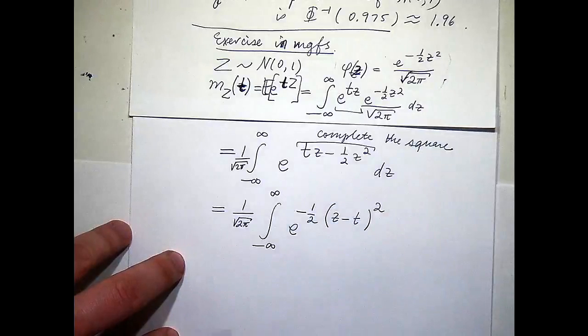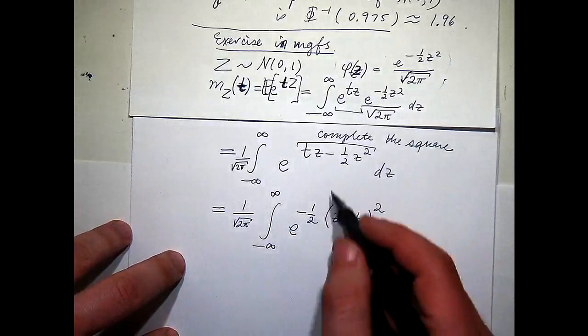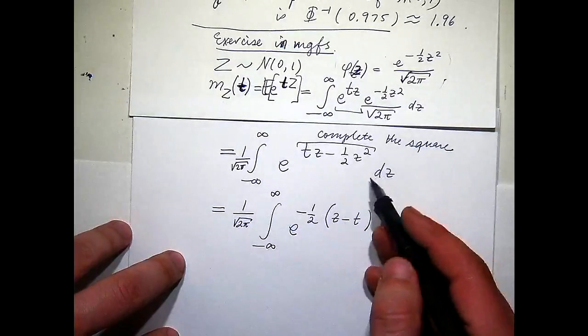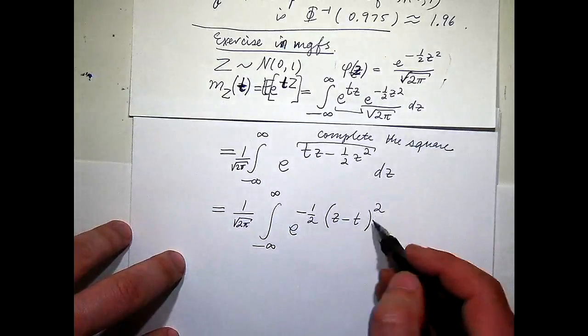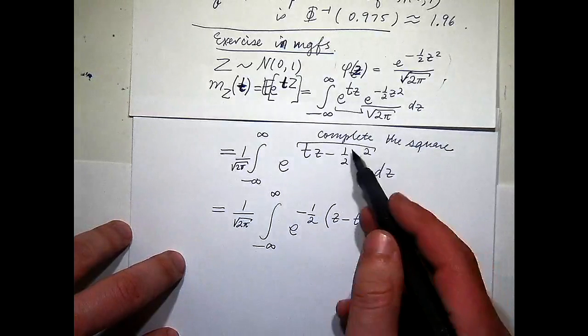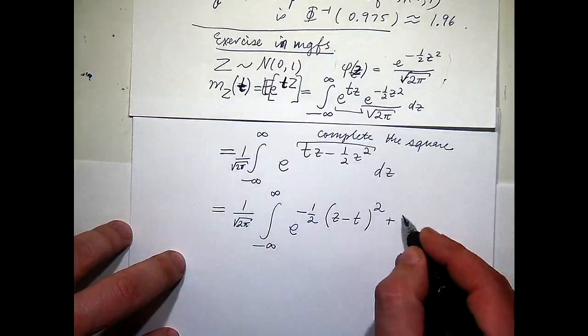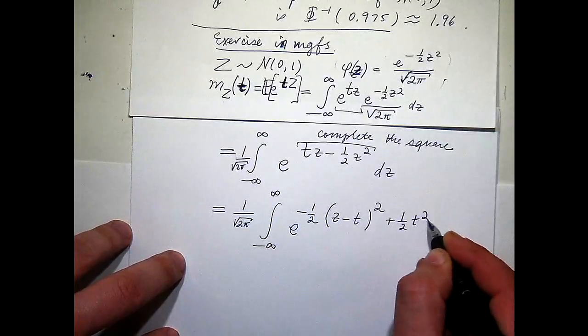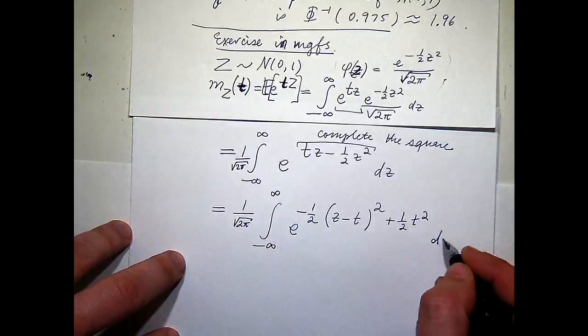Luckily, there's a 1/2 to take care of the 2zt. And I have polluted my equation with an extra constant term, minus 1/2 t squared, which wasn't there. So I better add on plus 1/2 t squared to solve that issue.